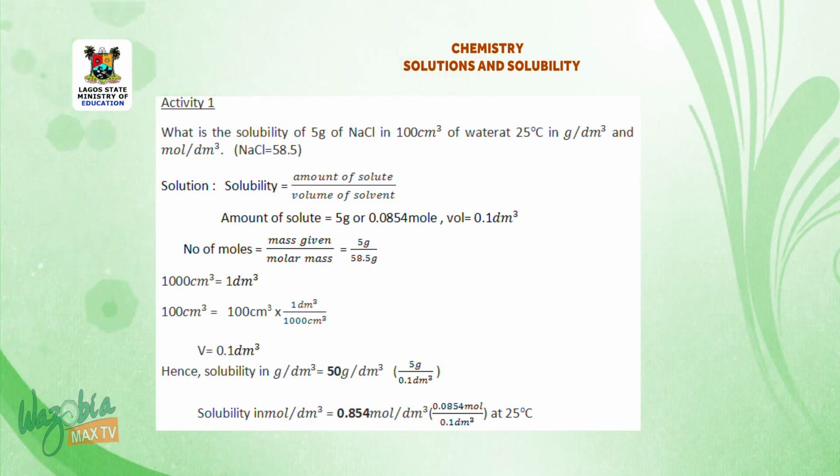Therefore, solubility in grams per dm cube will be equal to 50 grams per dm cube, while solubility in moles per dm cube will be 0.854 moles per dm cube.